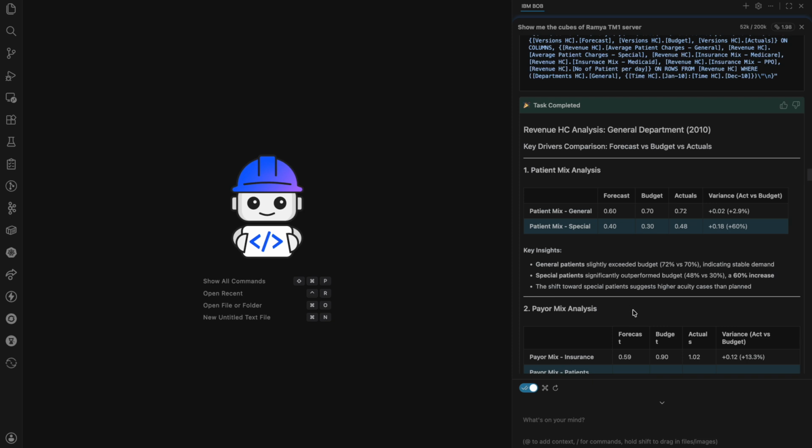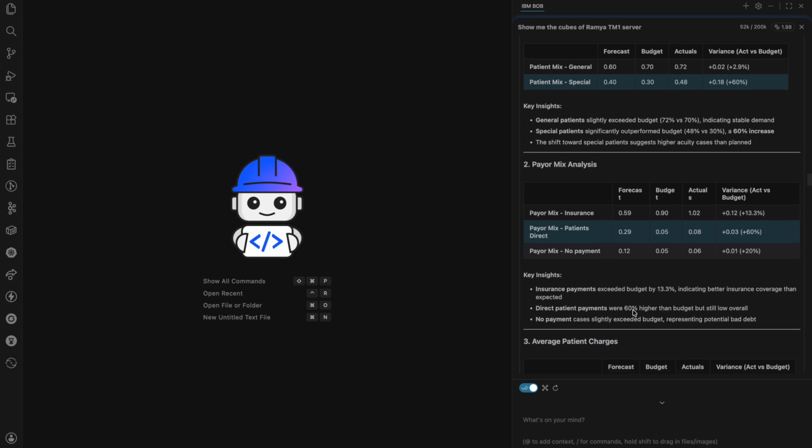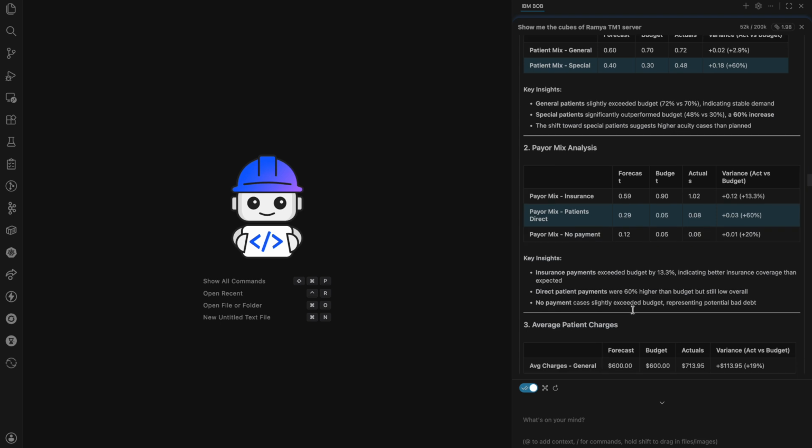The shift towards special patients means higher acuity cases than planned, but in the payer analysis there is actually a miss. The forecast predicted only 59% of patients to be covered by insurance, whereas the reality is around 100%.